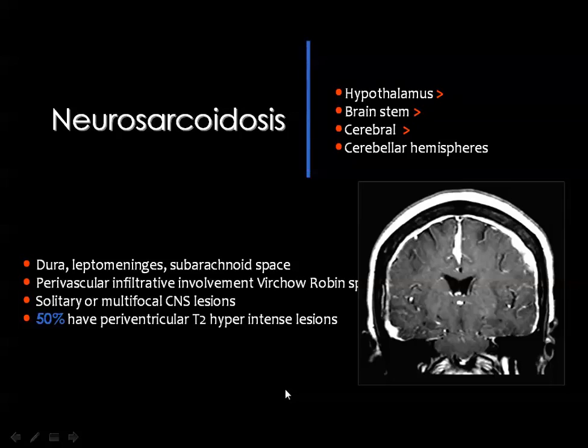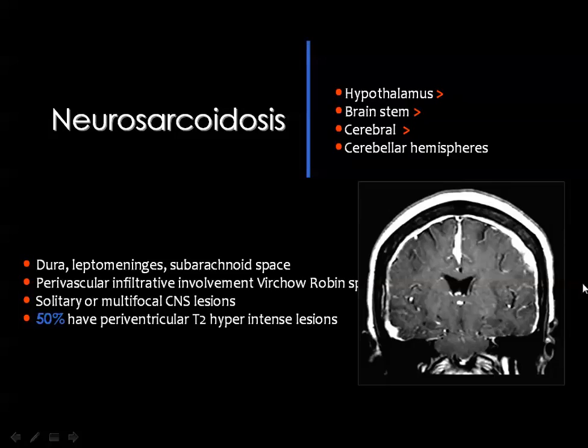And in the brain, you get the well-known manifestations, which mainly affect the leptomeninges and the dura, and also it can affect the Virchow-Robin spaces with inflammation or lesions along the course of the cranial nerves.